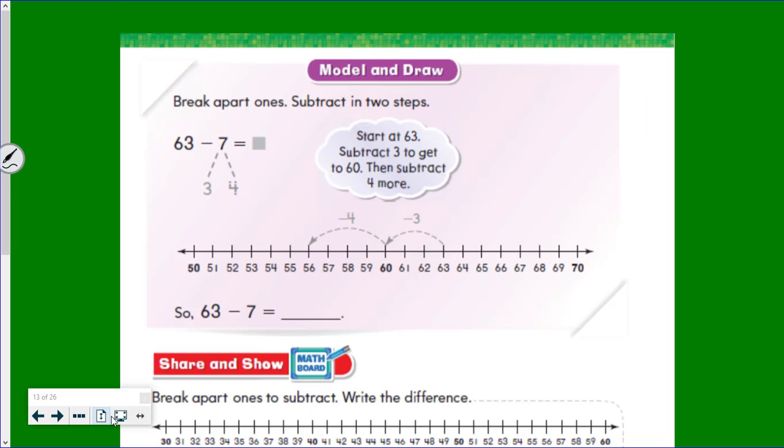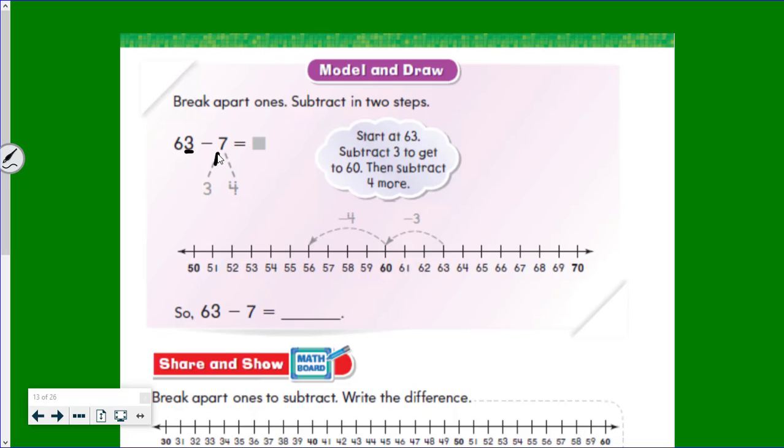Okay, so I'm going to make this bigger, and it says break apart ones, subtract in 2 steps. So I'm supposed to be taking the number 63, I'm supposed to take 7 away. That sounds kind of tricky, but just like with addition, I can look at this number right here in the ones place.